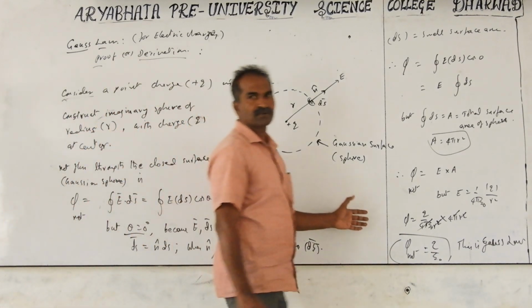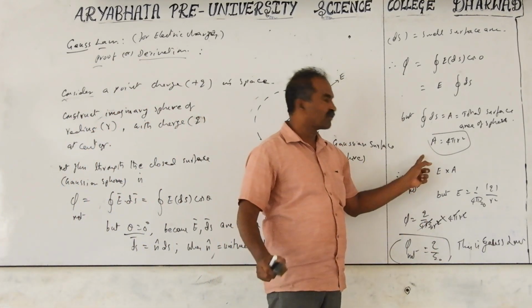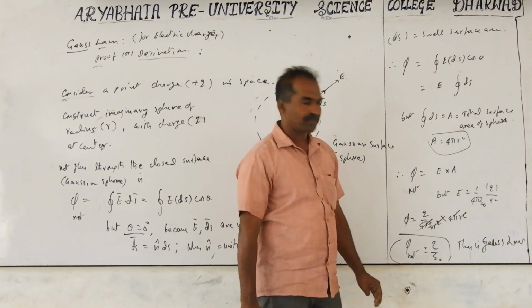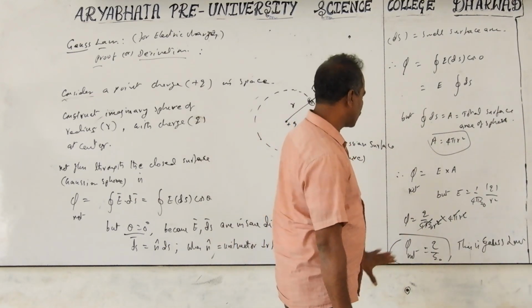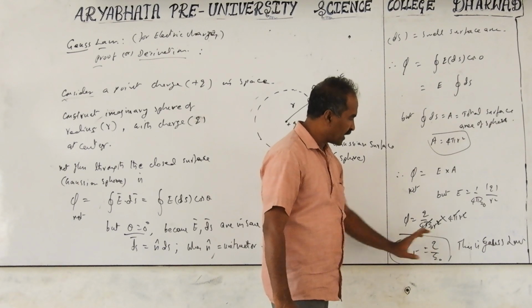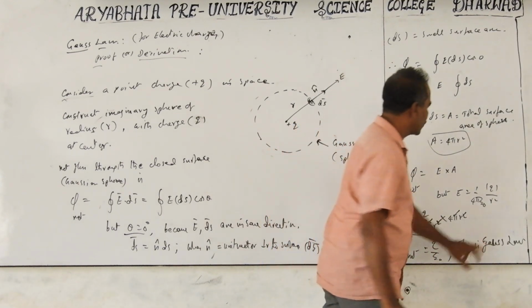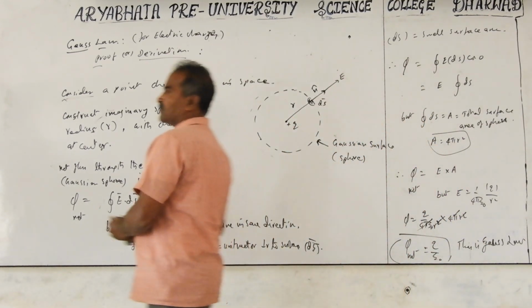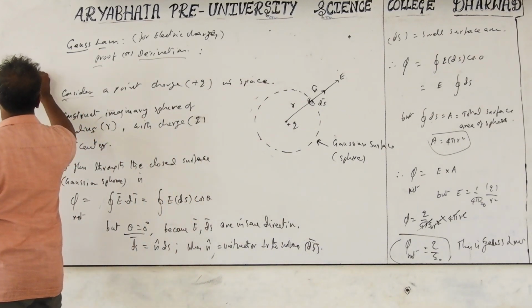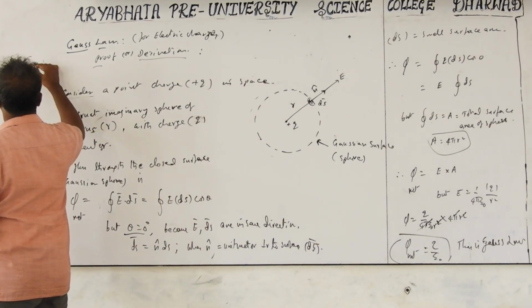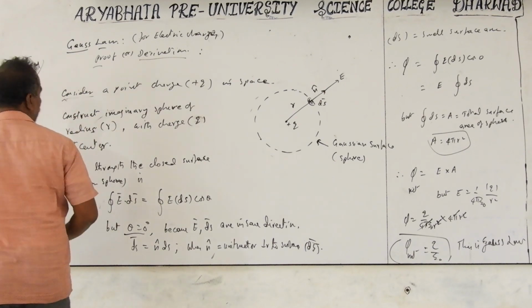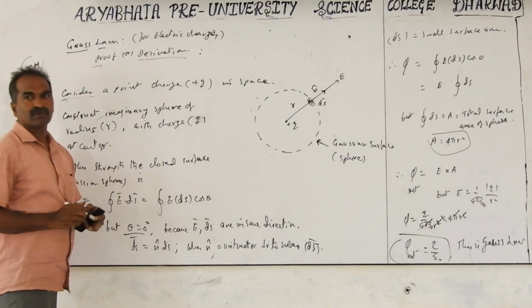It is only the modified form of the relationship between electric flux and electric field. So the net flux phi is equal to Q by epsilon. This is Gauss law. And this is asked for the marks: derive the expression for Gauss law, the proof for Gauss law.